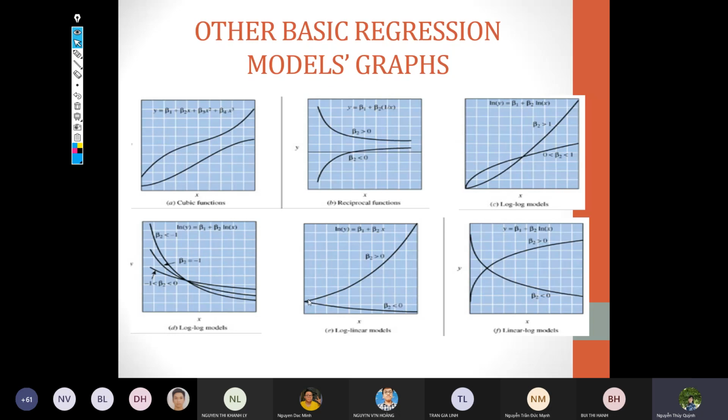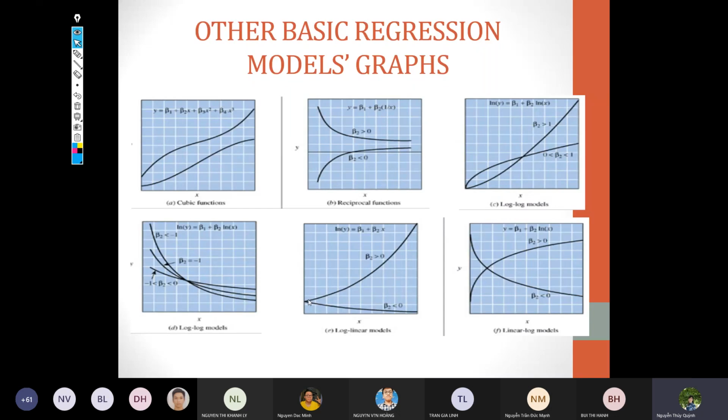Okay, and how can we determine the correct functional form of the model? It depends on the theories, previous researches, and our hypothesis. Now, the previous models that we have discussed just show a linear relationship between the independent variables and the dependent variable.